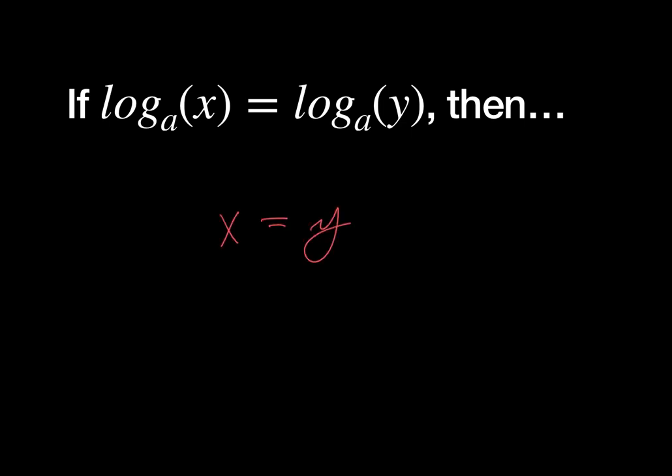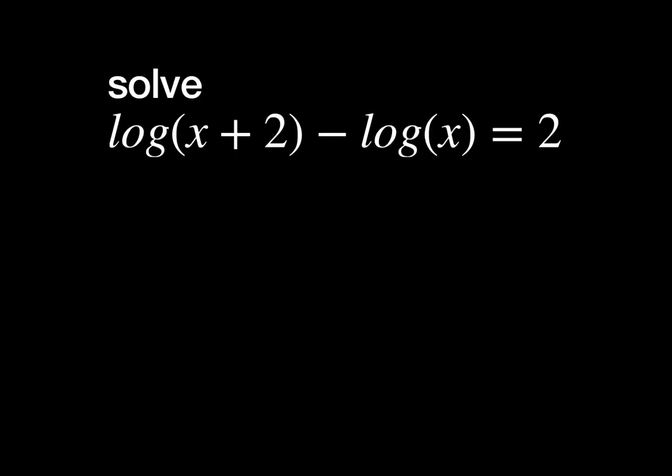If the log of two things is the same, then those two things inside the logs are the same. So if I can get everything to the same log base, all I have left to solve is whatever's on the inside. Now, how do we go about doing this?